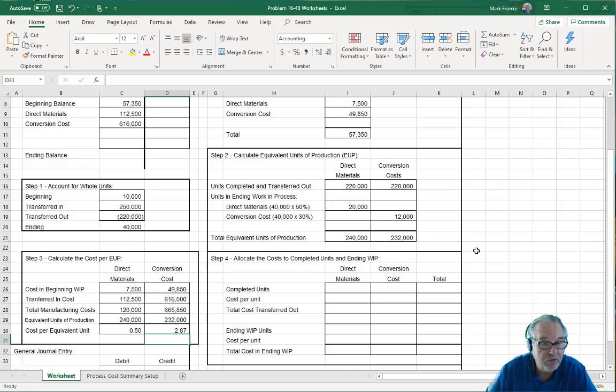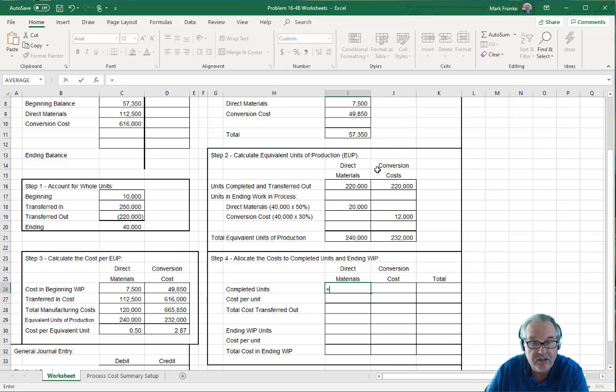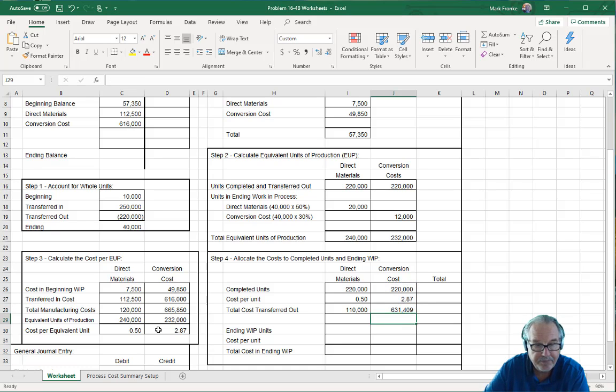So now I can move on to step number 4, where I can use those completed units, both for materials and for conversion cost, and then multiply it times my calculated cost per equivalent unit. And when I do that, I get $110,000 of materials that went with the 220,000 units that got finished.